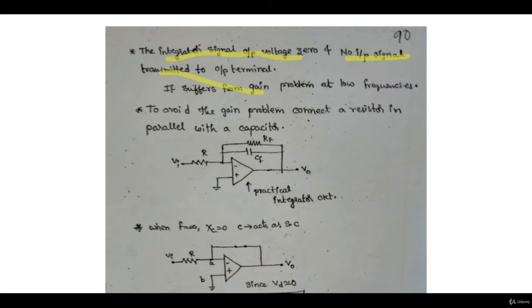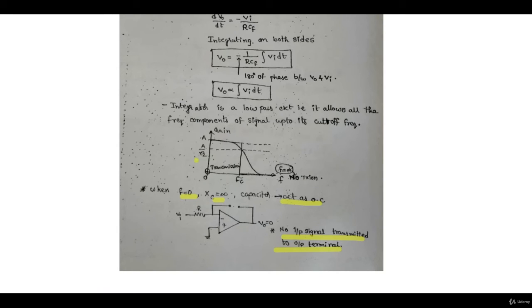But we want a gain at low frequency. So you can see that a low frequency gain problem is there, because in the curve here we want a gain within this low frequency region, but we are having no output here since it is not connected.